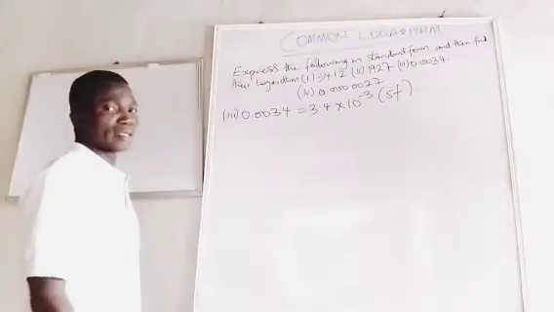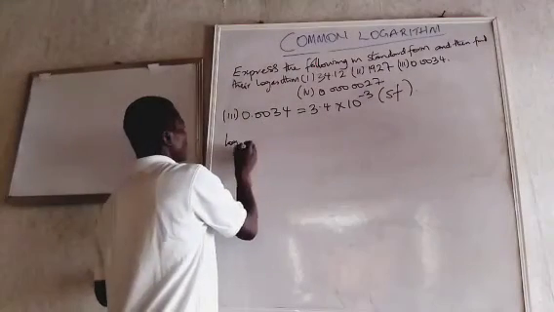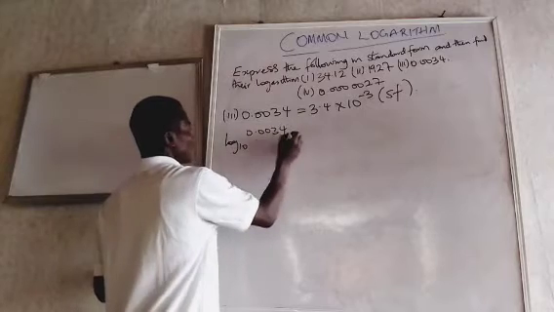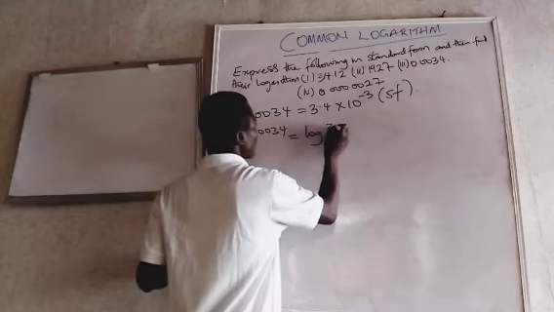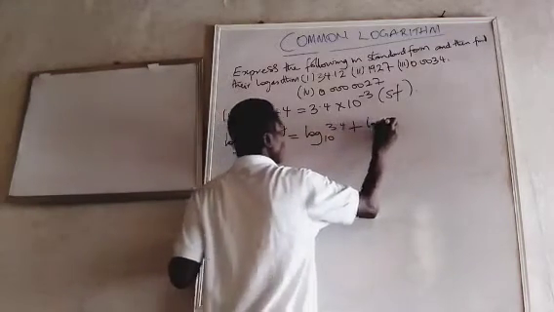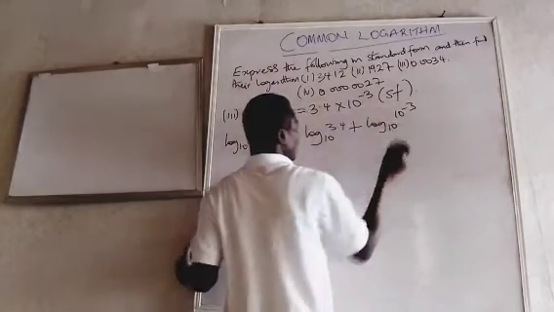And then if I want to get the logarithm, it's going to be log 0.0034 base 10 is equal to log 3.4 base 10 plus log 10 to the power minus 3 base 10.